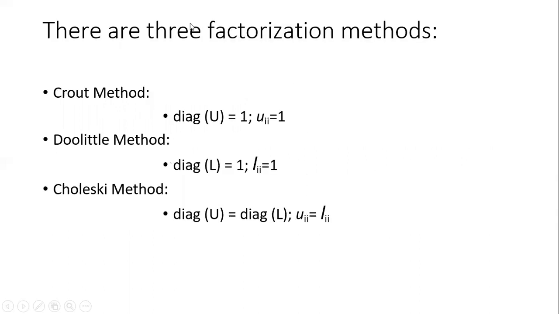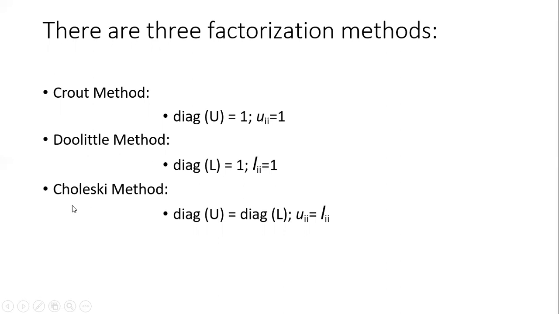For the three factorization methods, first is the Kraut method, wherein we expect the diagonal of the upper triangular matrix to be all equal to 1. So U sub ii is equal to 1. We expect that U11, U22, U33 are all equal to 1. Next, the Doolittle method. For this case, the diagonal of the lower triangular matrix is all equal to 1, so L sub ii is equal to 1.